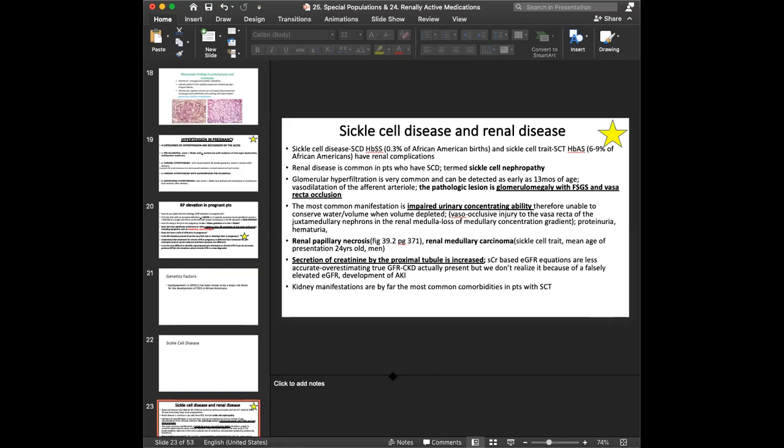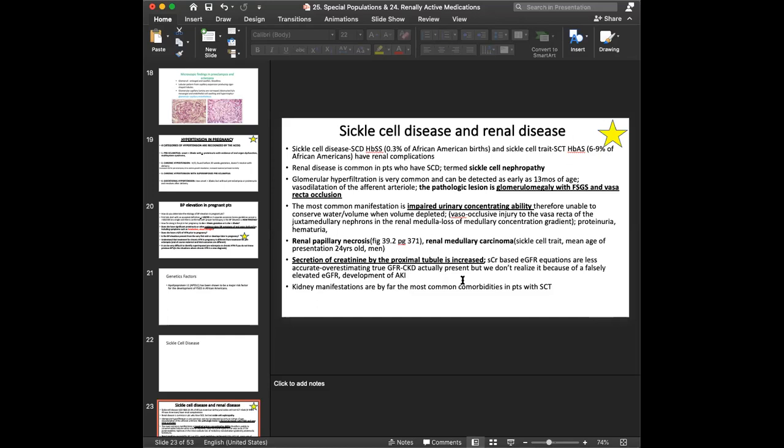Okay, sickle cell and renal disease. We know that sickle cell can affect multiple parts of the body. If a patient develops a sickle cell crisis, the blood fills with sickled cells, and they start occluding and sticking together, almost like forming a clot.